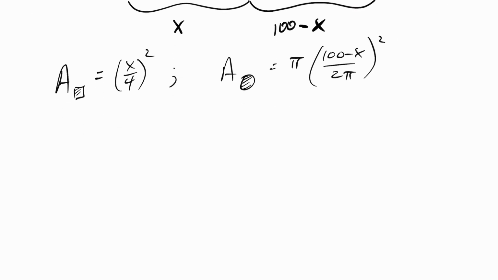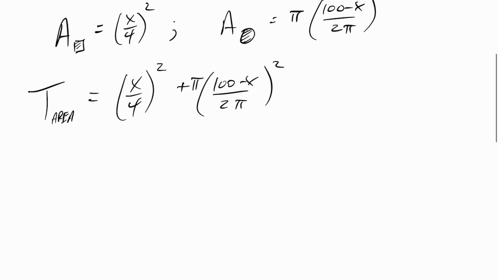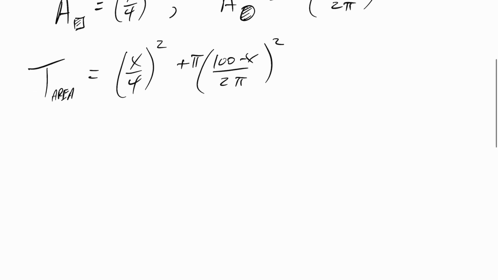What I'm looking to do here is calculate the total area. My total area is the sum of both of these areas. So one area is X over 4 squared plus pi times 100 minus X over 2 pi squared. That represents my total area that I'm looking to maximize. Again, we'll make this a function of X. Let's clean this up a bit.